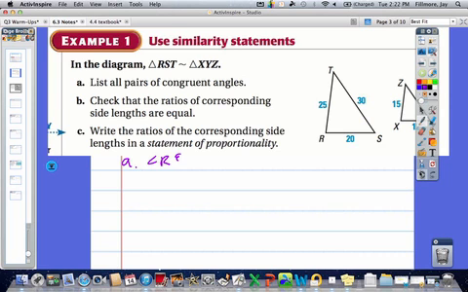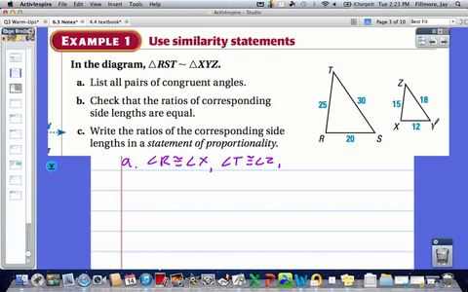In this case, since it says congruent, I'm going to write angle R is congruent to angle X. Likewise, angle T and angle Z, and angle S and angle Y. So that's my list of pairs of congruent angles.